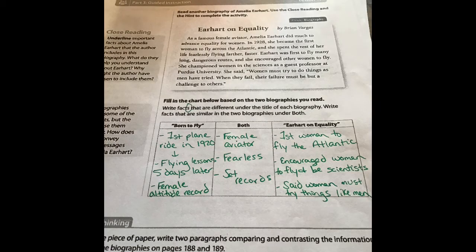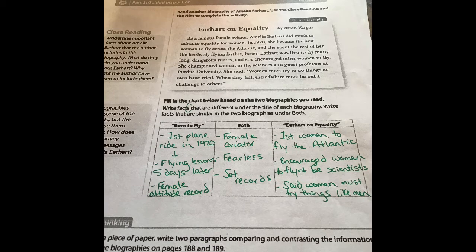Now after we filled out this chart, what you should do now is the show your thinking section where it says using the chart below, compare and contrast the presentation of facts in the biographies. What you could say is something about how both biographies name her as a famous, fearless aviator who set records. That's no question. You can see that in both. However, you're looking into specifics.